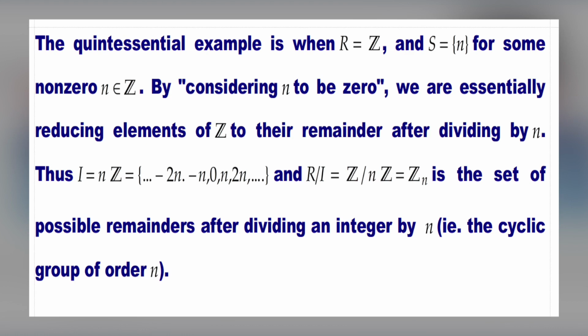Thus, I equals nZ equals the set of all ..., minus 2n, minus n, 0, n, 2n, ..., and R by I equals Z by nZ equals Zn is the set of possible remainders after dividing an integer by n. That is the cyclic group of order n.